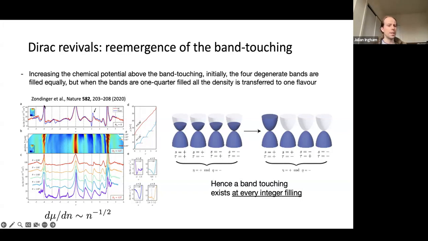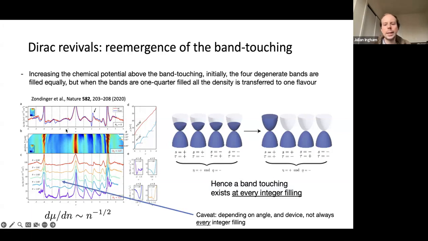And based on the density dependence of the compressibility in the vicinity of this jump, the original experiment argued that the chemical potential jumps back down to the near vicinity of the Dirac point. So what this means is that beyond 1/4 filling, the additional electrons you add start filling up these three remaining Dirac cones, starting at the band touching, and the same thing happens at 1/2 and 3/4 filling.